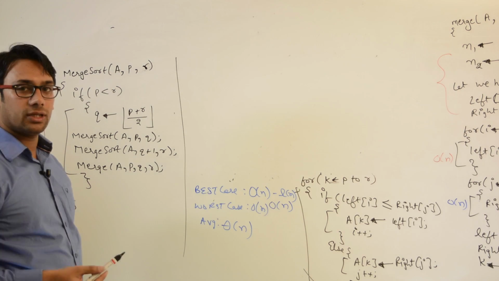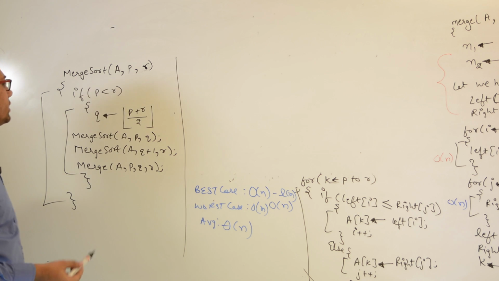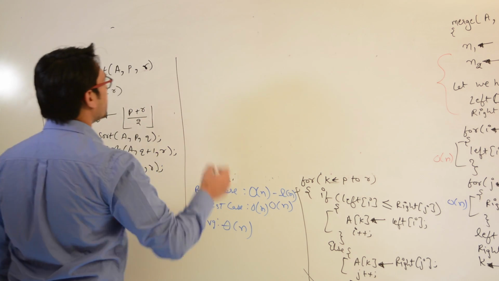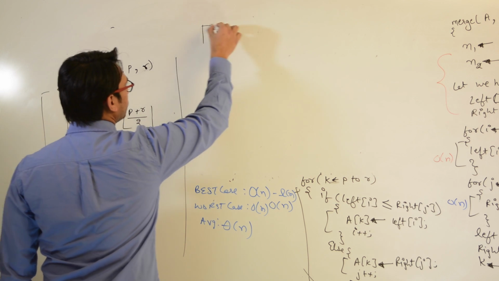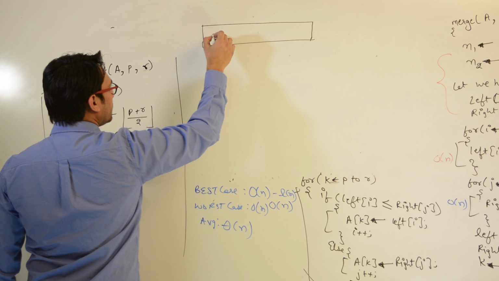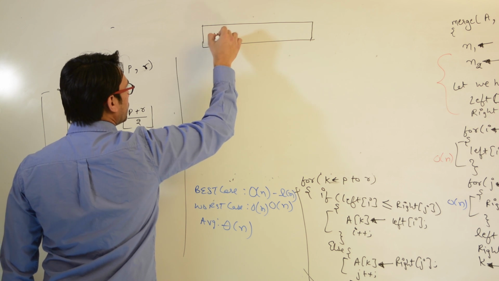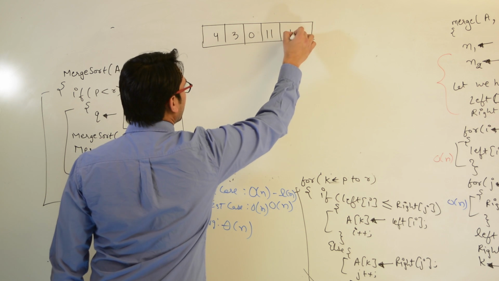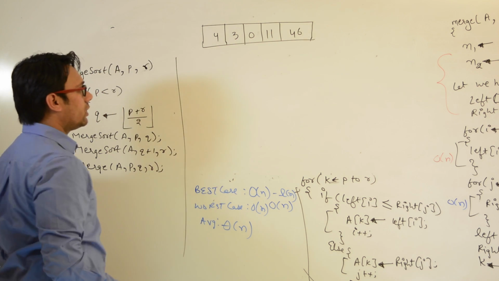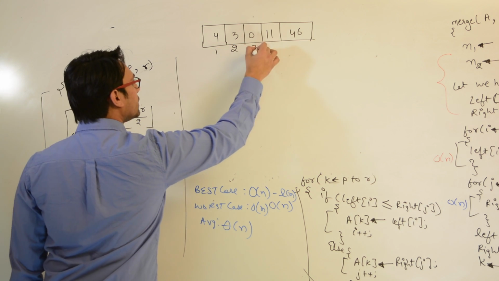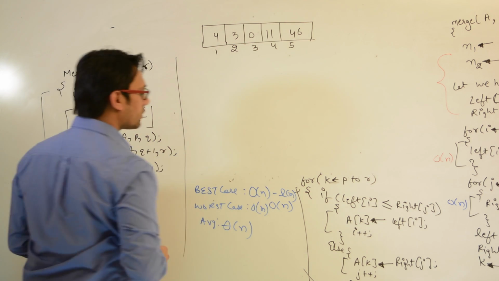Now let us take a small example of an array and apply this merge sort algorithm to it. Assume we have the following array, which has the elements 4, 3, 0, 11 and 46. The index locations are 1, 2, 3, 4 and 5.